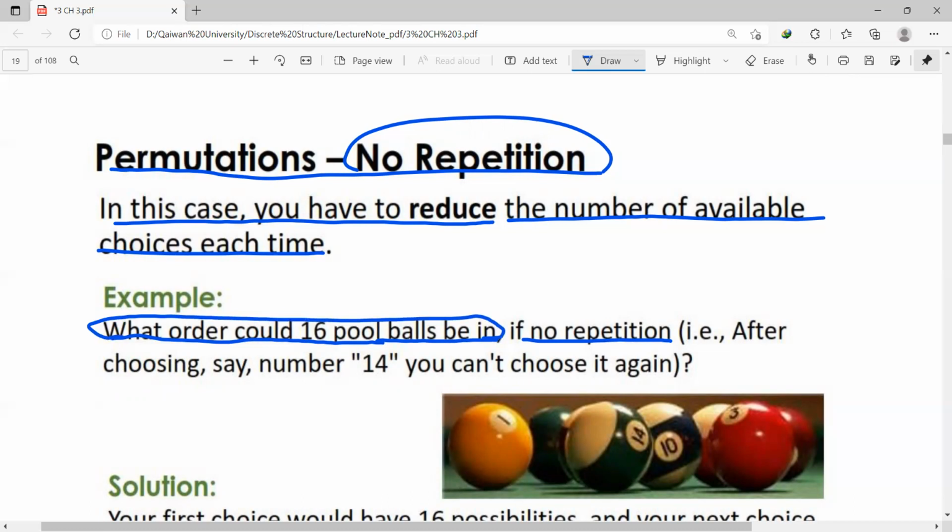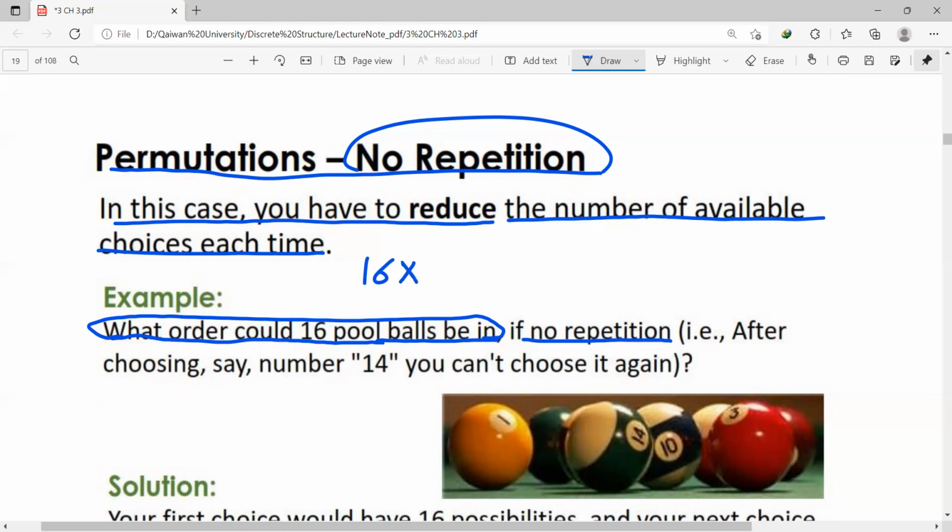The first one is among 16. That means for the first pool ball which gets in, we have 16 ways, because it's either first, second, third, up to 16th ball. It's one of them. So we have 16 ways for the first one.